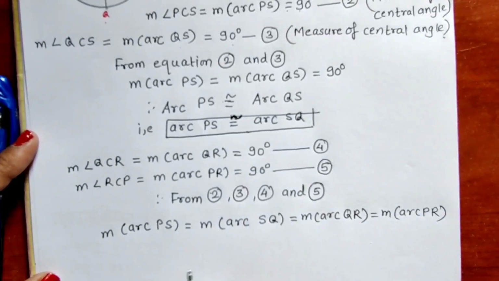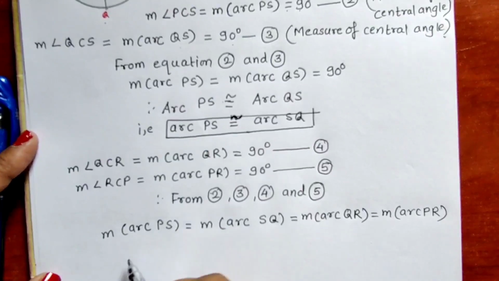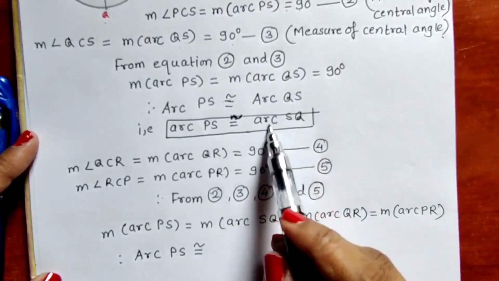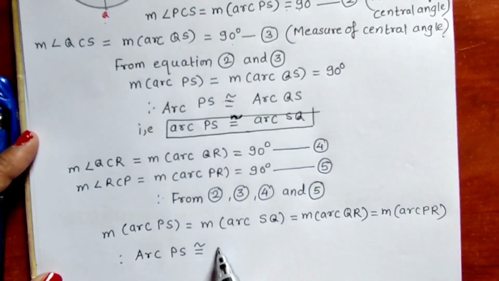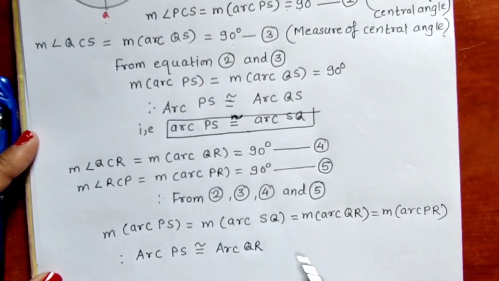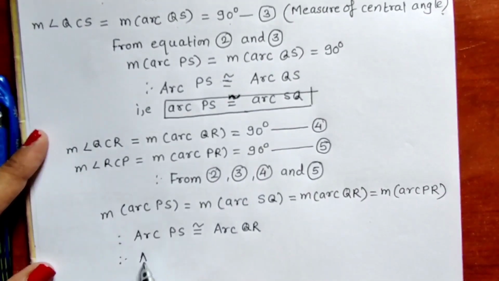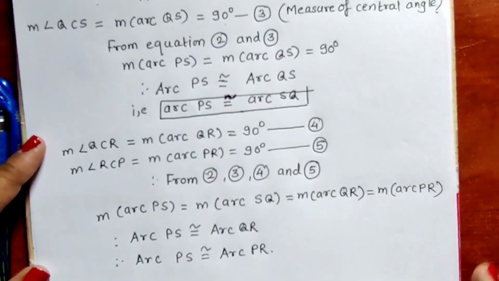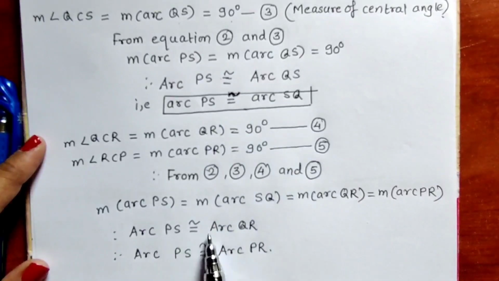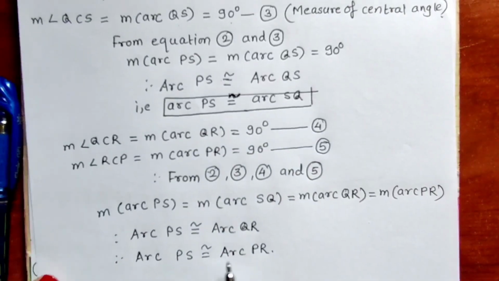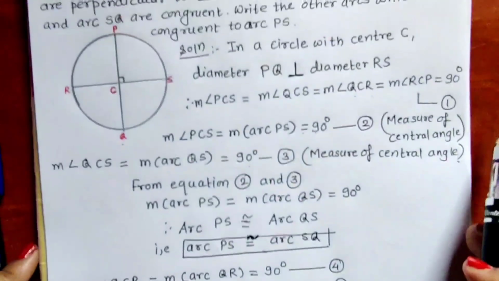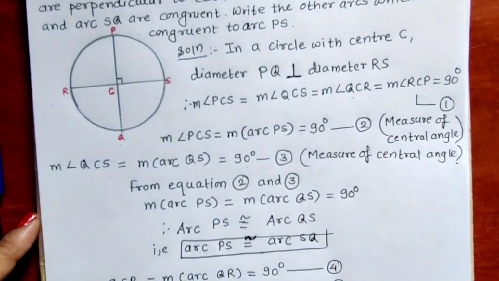All these arcs are equal in measures and therefore arc PS is congruent with arc SQ. We have written here it will be congruent with arc QR and arc PS is congruent with arc PR also. So arc PS is congruent with arc SQ, arc PS is congruent with arc QR and arc PS is congruent with arc PR. In this way, all these four arcs in the diagram are congruent with each other.